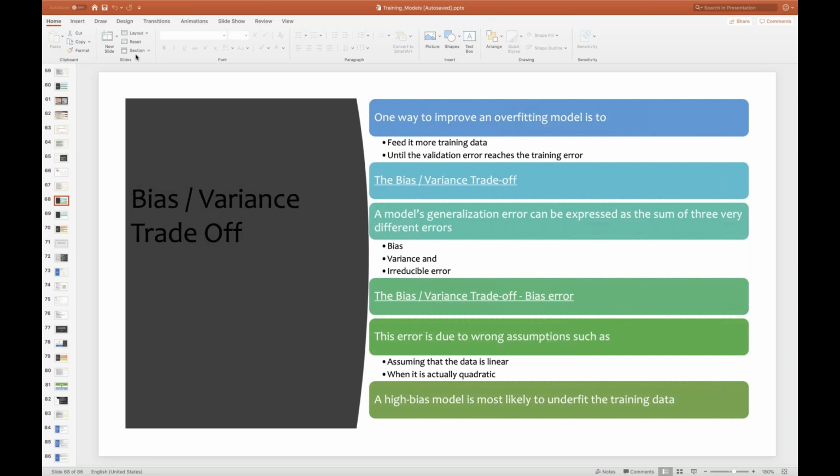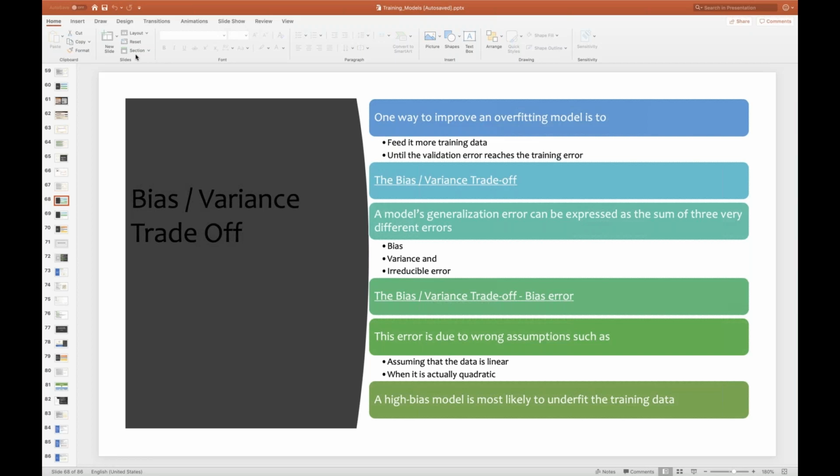Overfitting means your model performs really well on the training data, but it does not generalize and throws errors on the test data. Underfitting means your model gives poor predictions on both the training data and test data. Now, how do you solve underfitting and how do you solve overfitting?